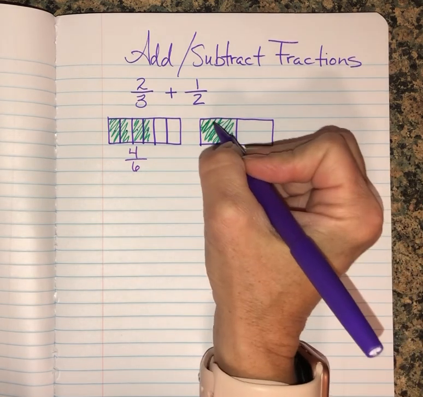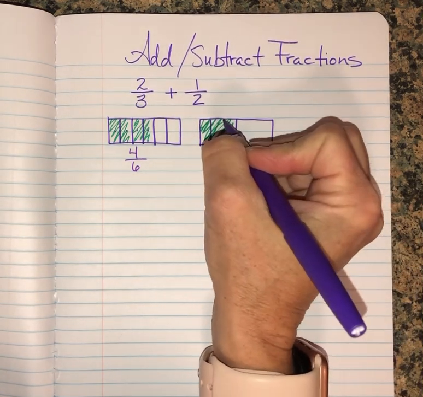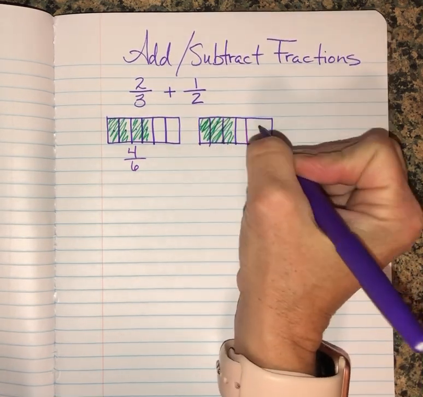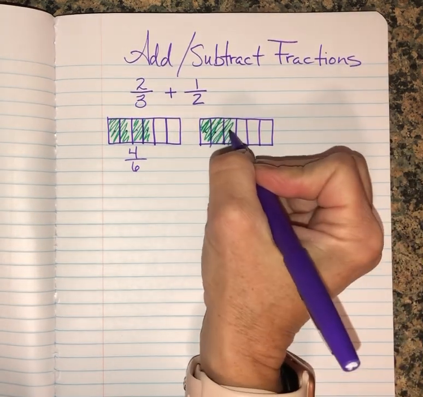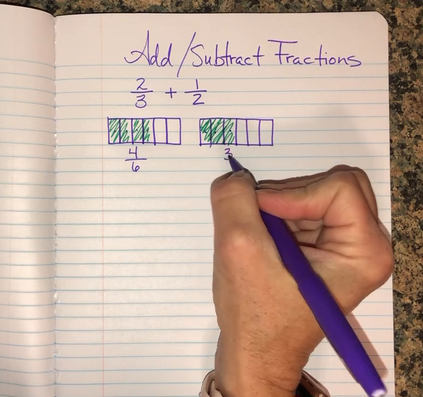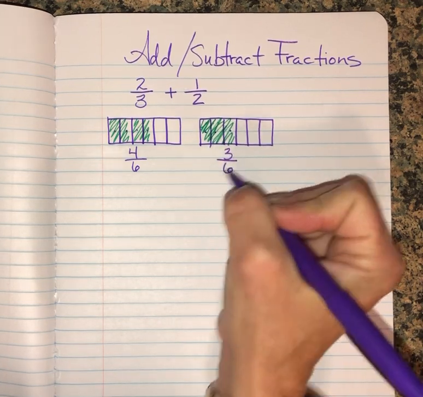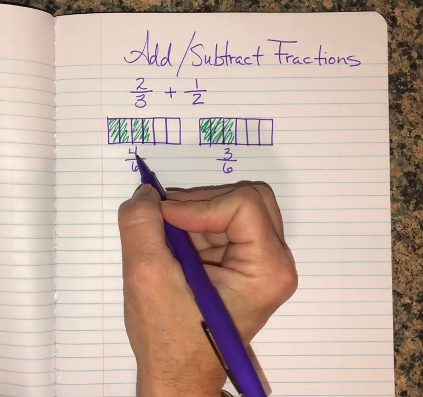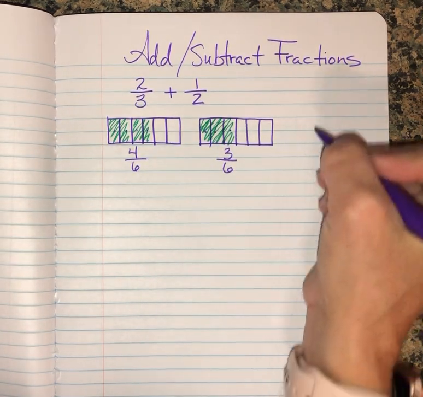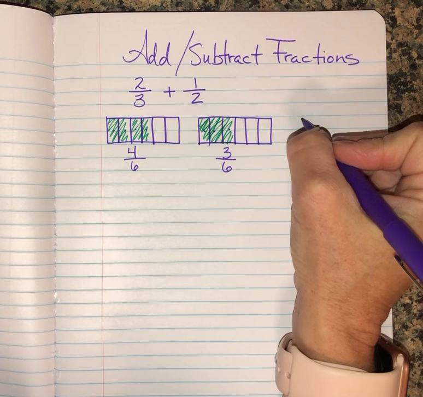And then this 1/2 here, I can split it into 6 and then count 1, 2, 3 sixths. And now I can combine these because they're the same size pieces. So 4/6 plus 3/6 equals 7/6.